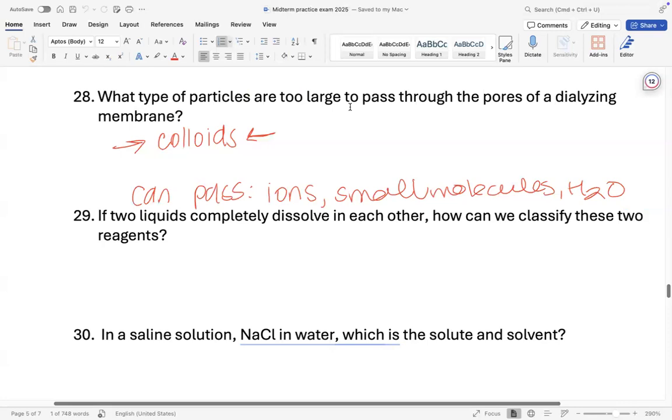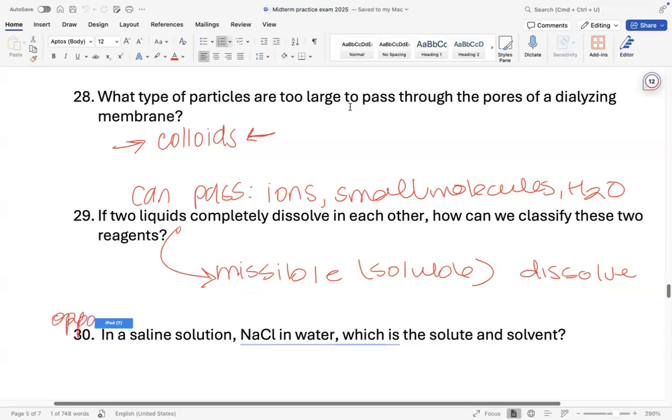If two liquids are completely dissolved in each other, this is described as miscible, right? So miscible means the same thing as soluble, which means they dissolve. The opposite of all that, just to flush it all out, would be immiscible.